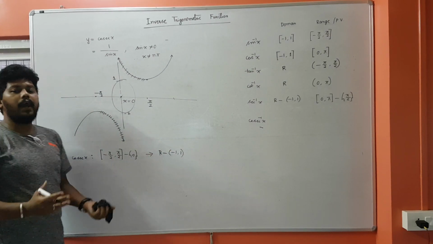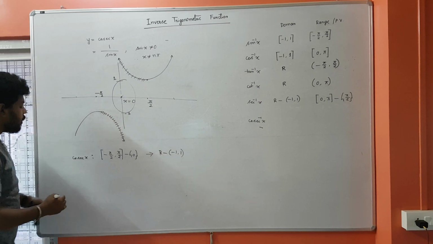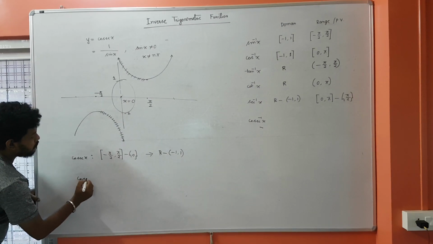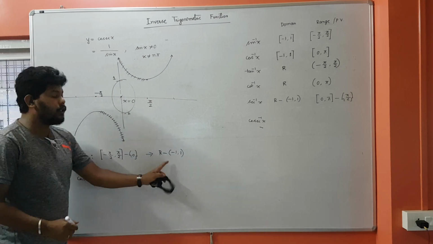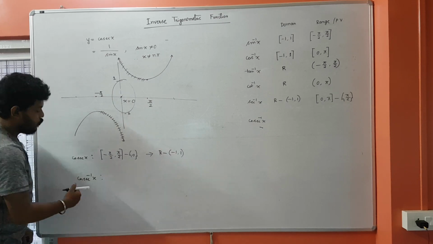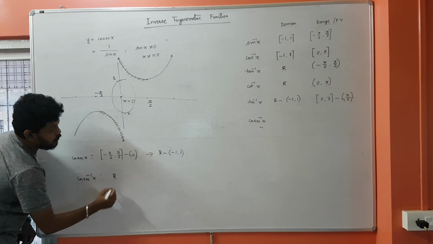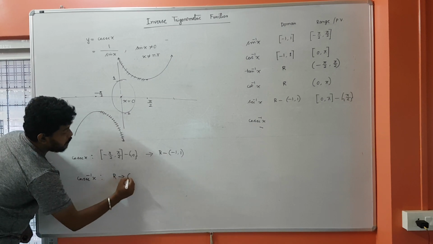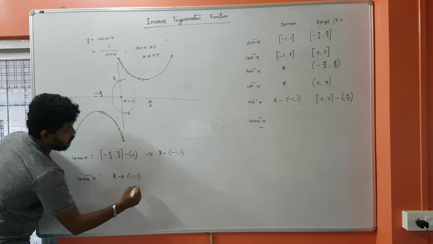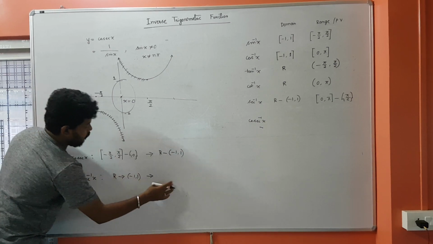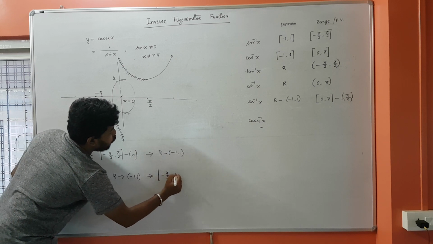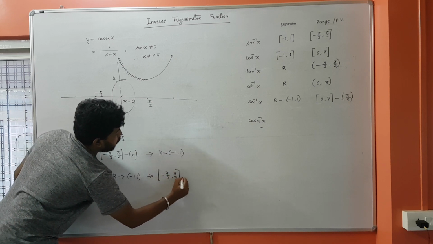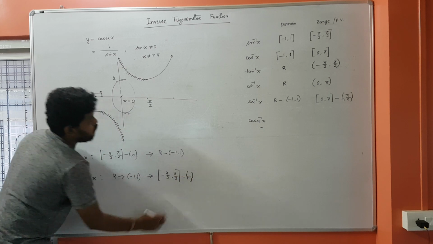Hence, if I define an inverse function cosec inverse x, then we have to switch the range and domain. For cosec inverse of x, it will be R minus (-1, 1) tends to minus π/2 to plus π/2 except 0.